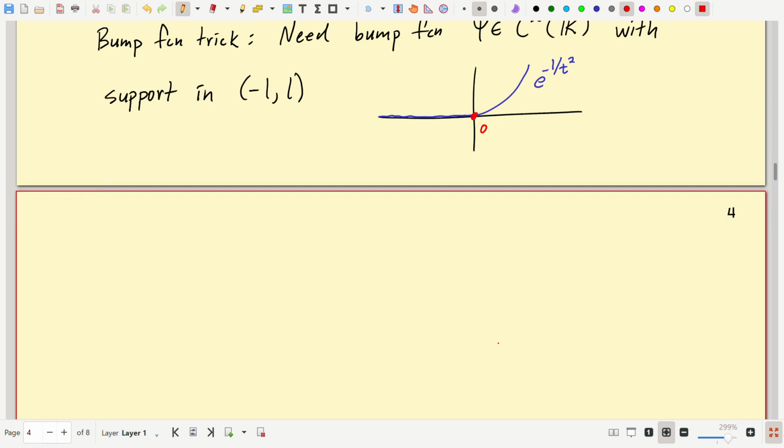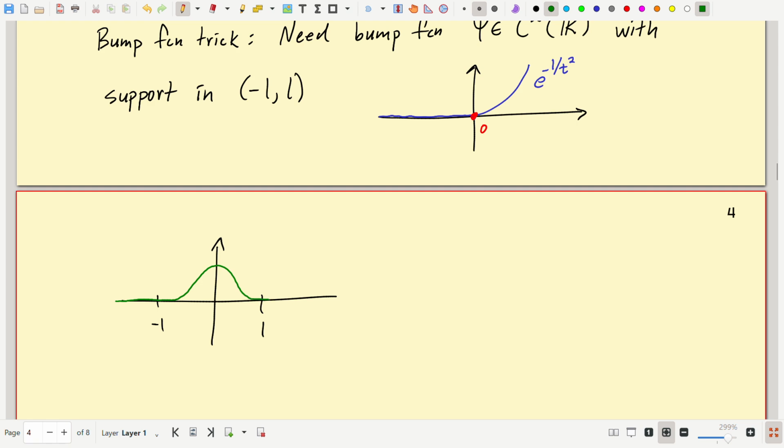So let's see, the function I eventually got was supported between minus 1 and 1, and it was dead 0 out here, stayed 0 for a while, and then it was a C infinity bump.